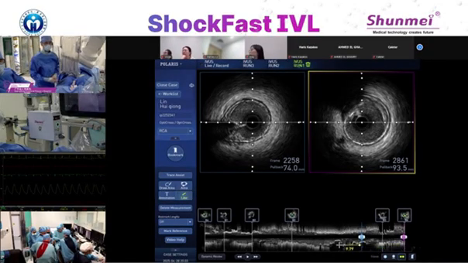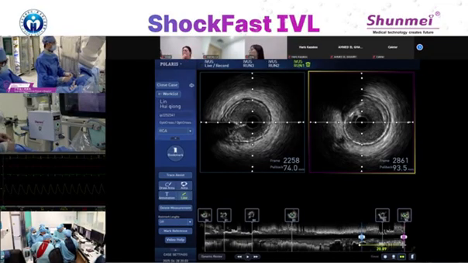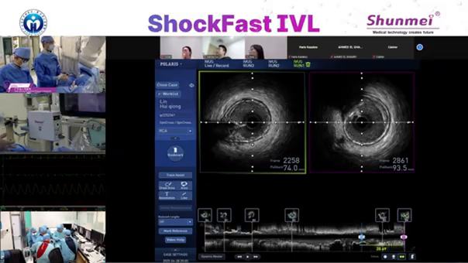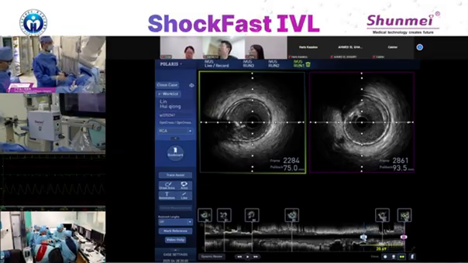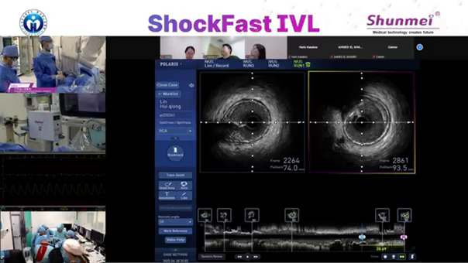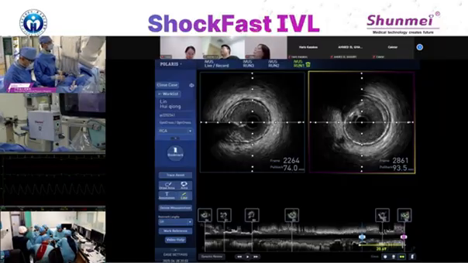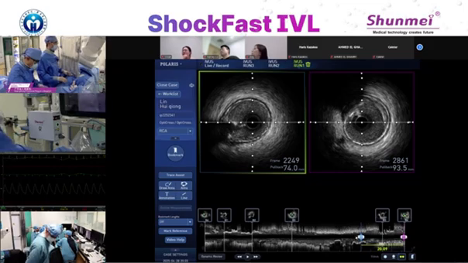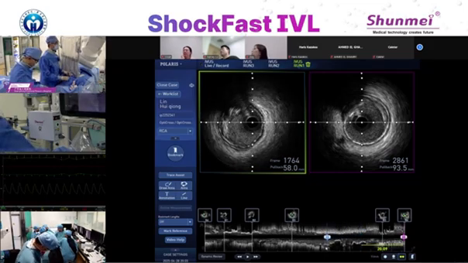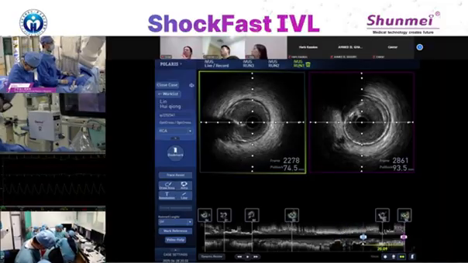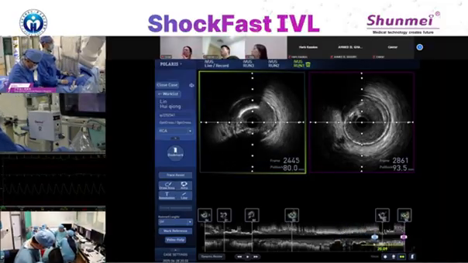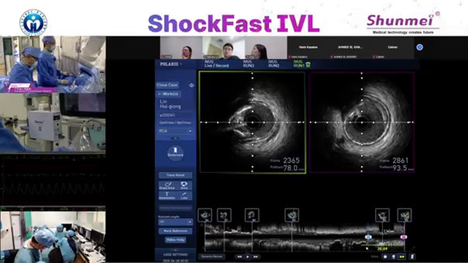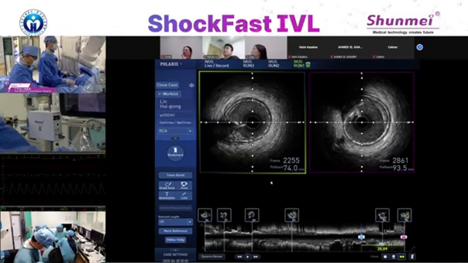Okay. 3.0 by 20 stent. I'm going to pick up 3.0 by 20 millimeter stent to cover the proximal segment first. I hope with the stent in, we can deliver the guiding catheter deeper, so it's easy to deliver the second stent.